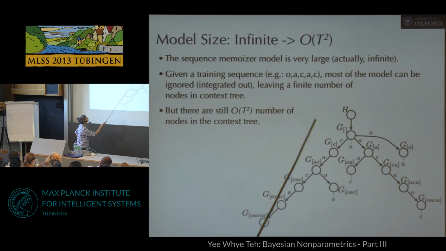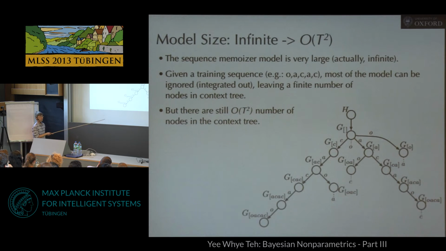Then to predict the probability of the next character given this sequence, all we need is this probability vector here. So our observations are associated with a finite number of nodes on this tree, and we can ignore everything below them.